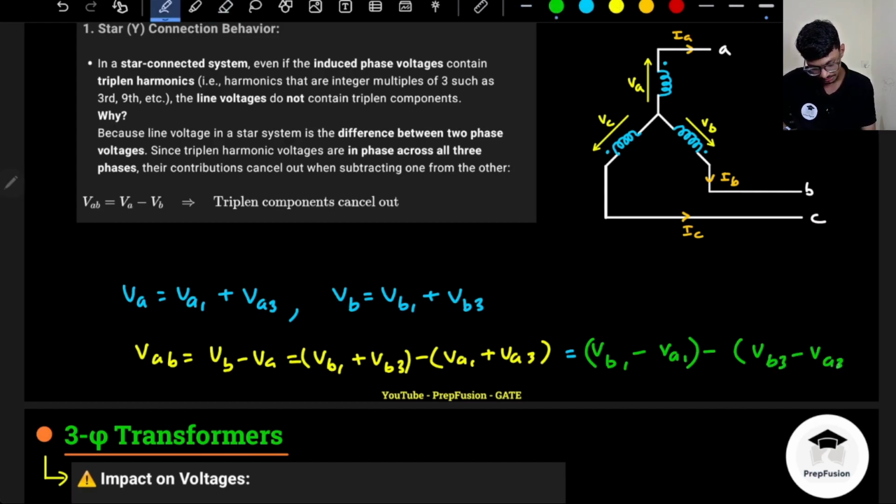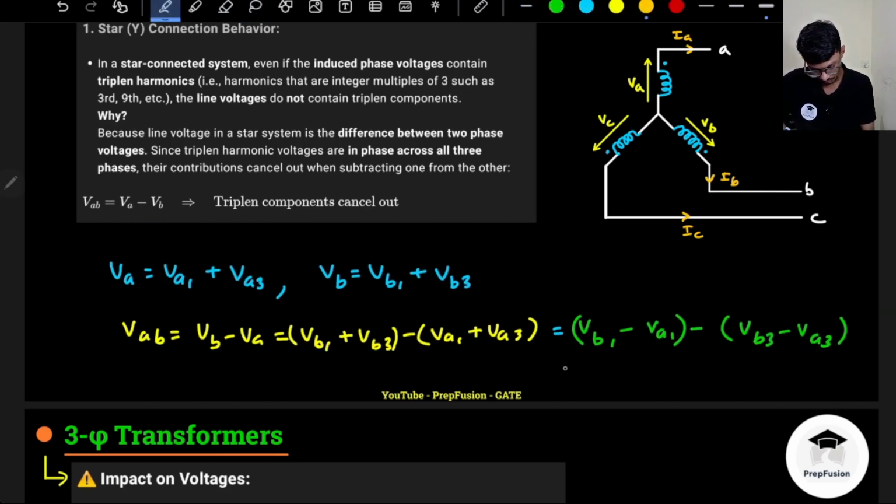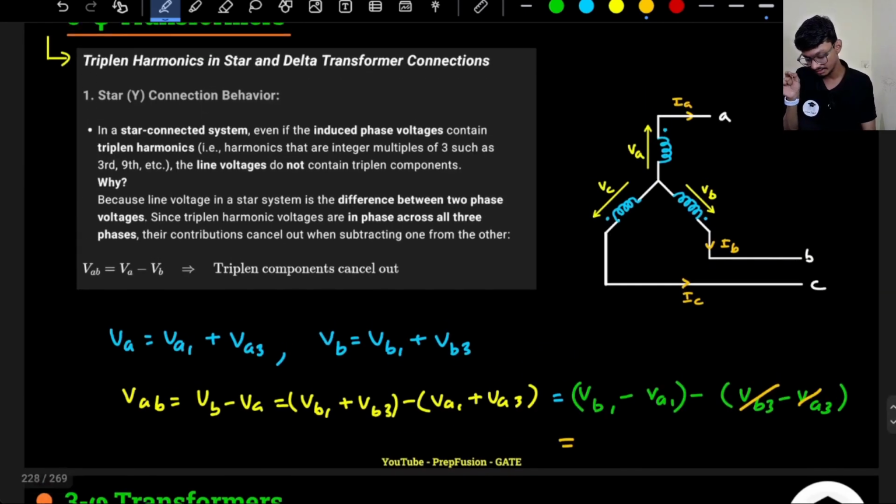I know that VB3 and VA3 are in the same phase and equal magnitude, so they will simply cancel each other out. I will be left with VB1 minus VA1, which is VAB. So there is actually no third harmonic component in the line. For a star connection, the line voltages will never contain third harmonics.